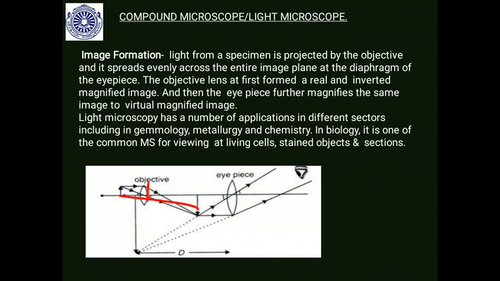It focuses and it magnifies, it may be 10 times, 40 times, 100 times. It is further magnified by the eyepiece, 10 times or 5 times. So that is the advantage. It is a combination of lenses and the magnification is far higher than that of a simple microscope. So it is the common microscope we use.